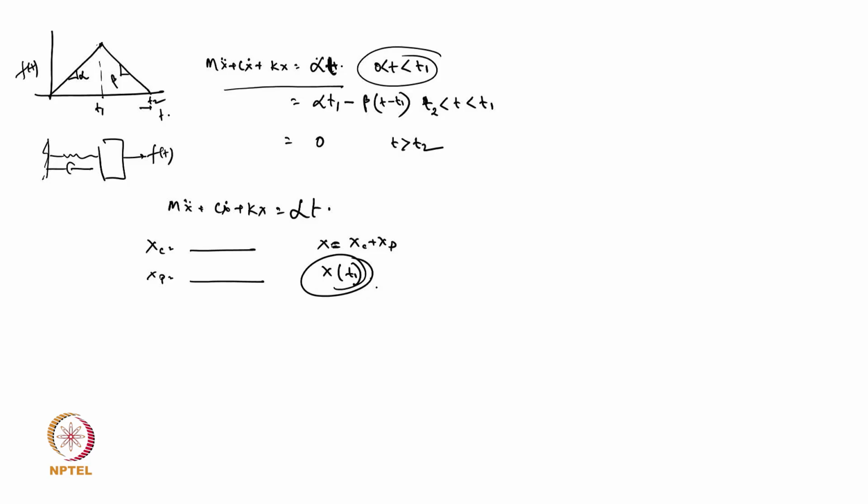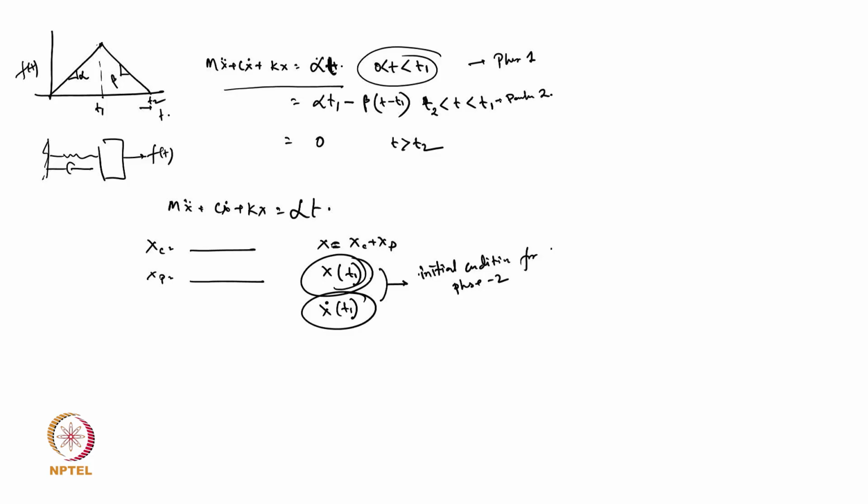The values x(t1) and x dot (t1) act as the initial conditions for phase 2. So that is my phase 1, and this is my phase 2.